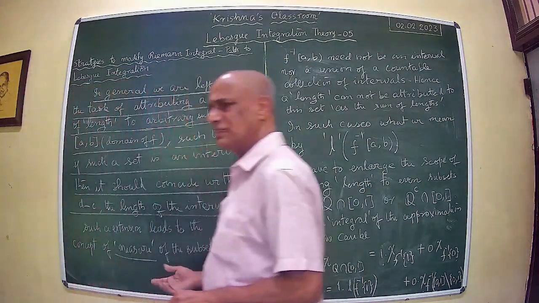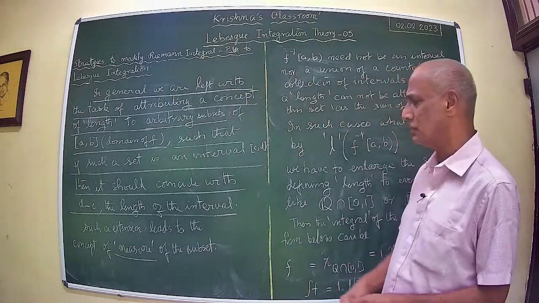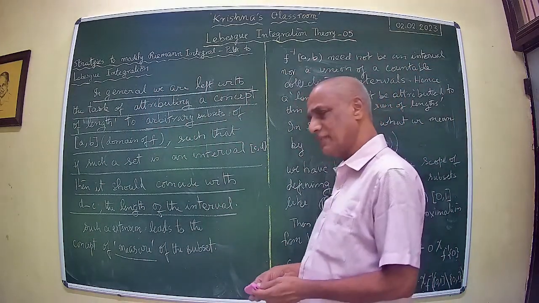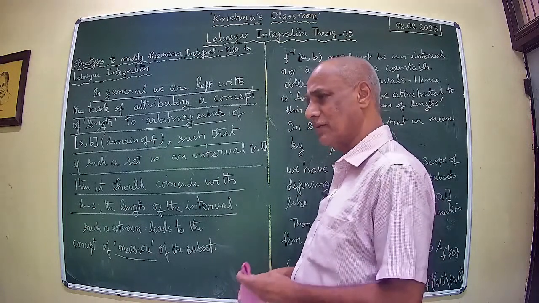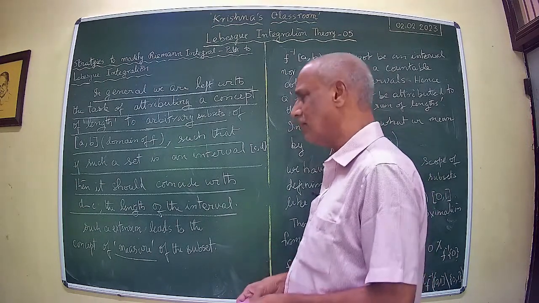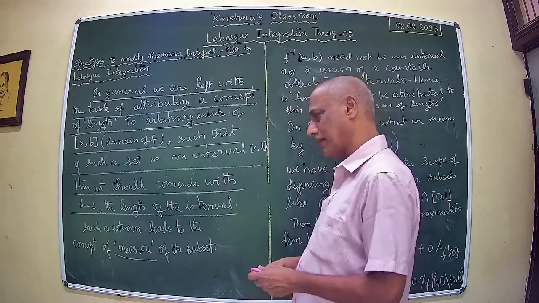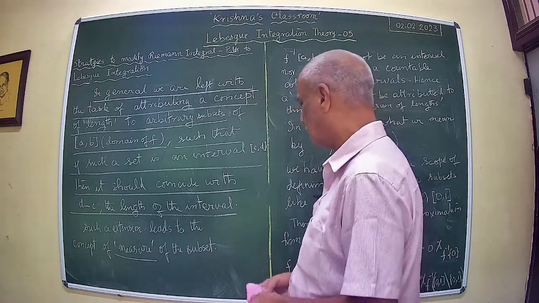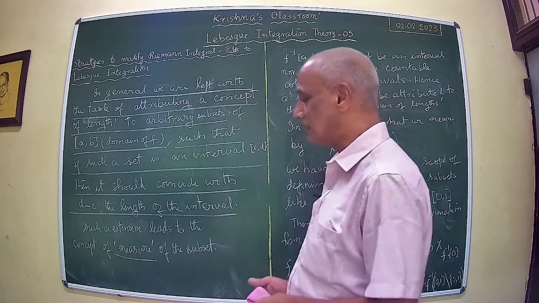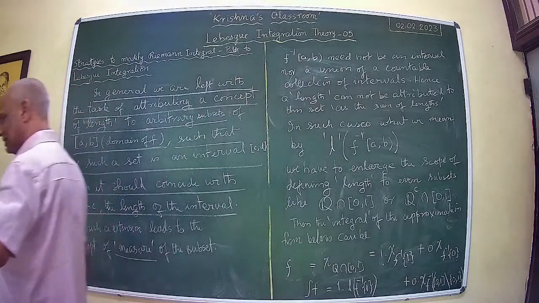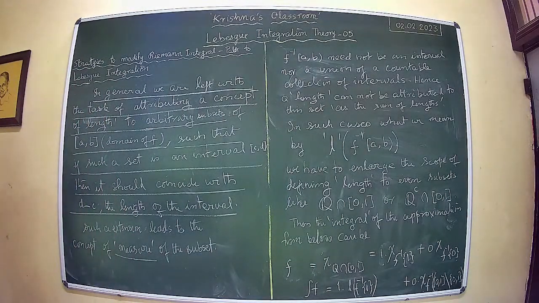And since the measure that you define coincides with the length whenever your subset is an interval, it's called the Lebesgue measure. Okay? So this is roughly the challenge that we have to undertake.